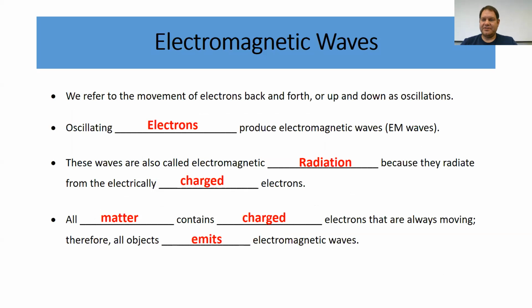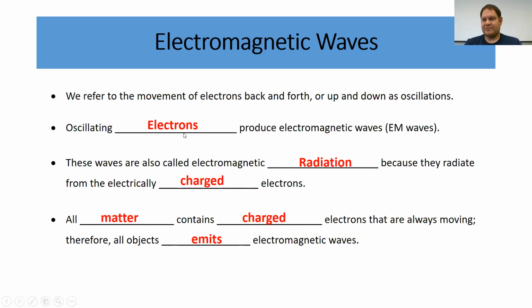All right, so in your notes, here are some important points to write down about these electromagnetic waves. First of all, when we refer to a wave moving up and down, back and forth, we're talking about oscillations, okay? So what we're going to do is focus on oscillating electrons.